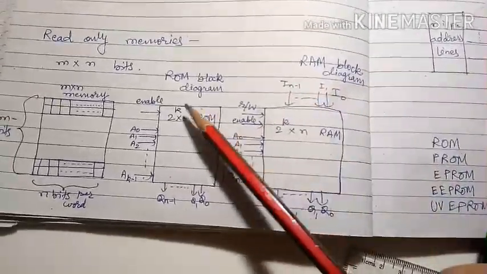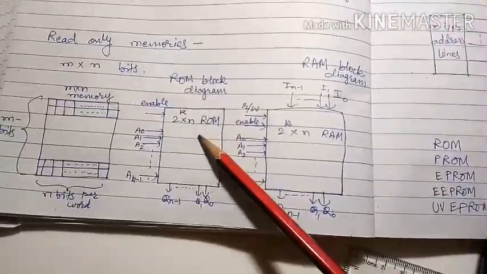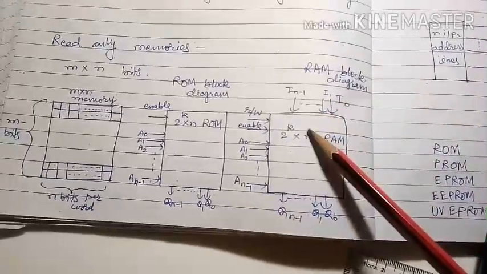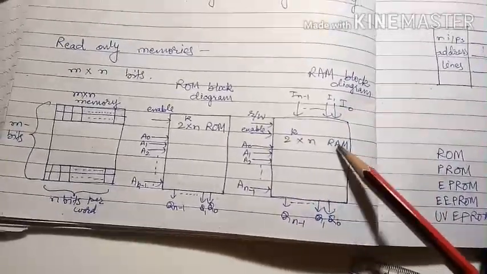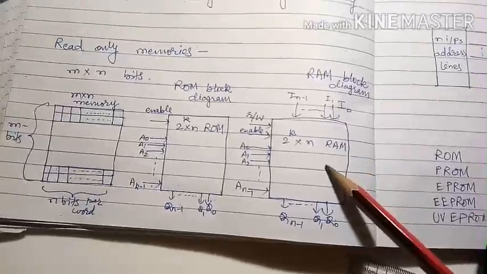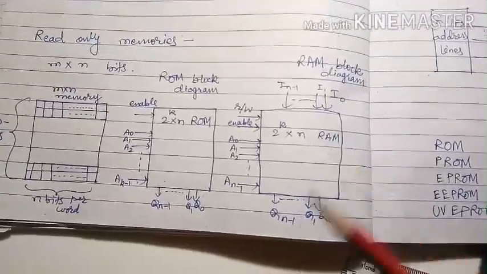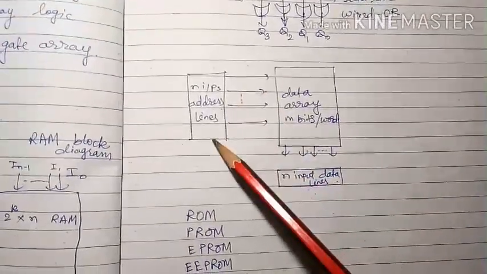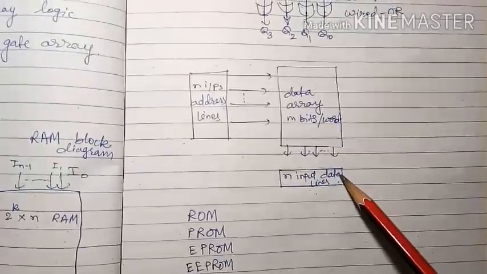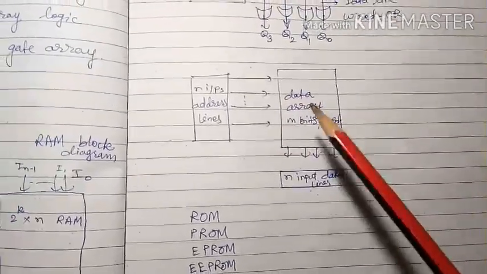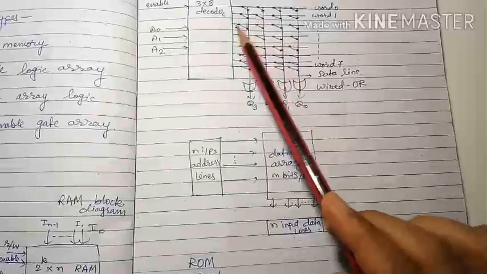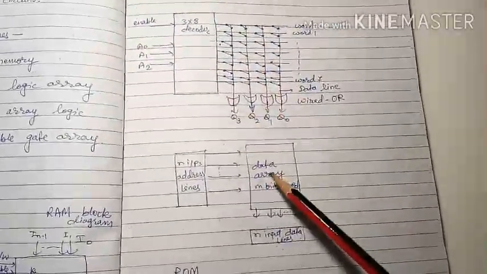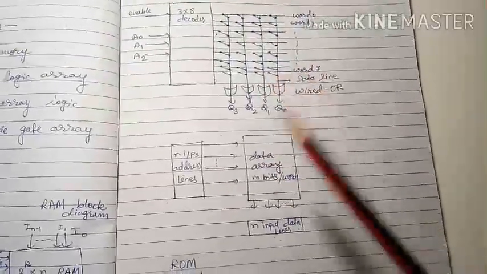Input lines are not available in the ROM because this is only read only memory. In RAM we can input data, means we can write data, because this is random access memory, read write memory. We have seen the internal diagram, the input address lines, data lines and data array. This diagram is the block diagram of the upper one.